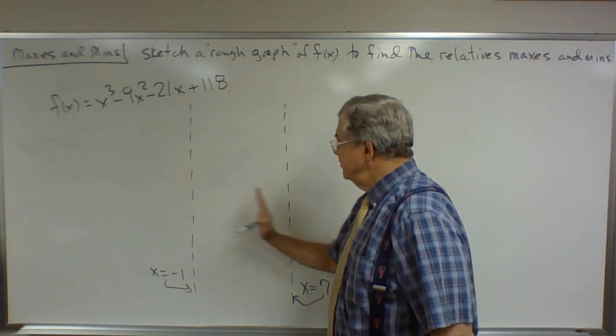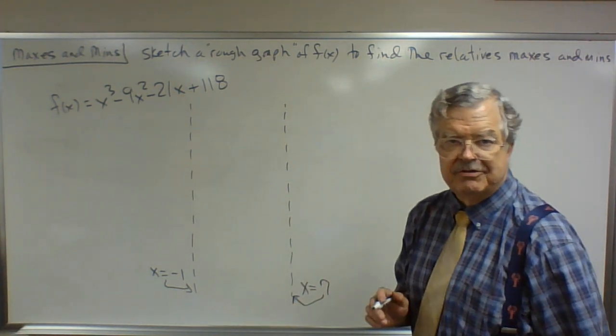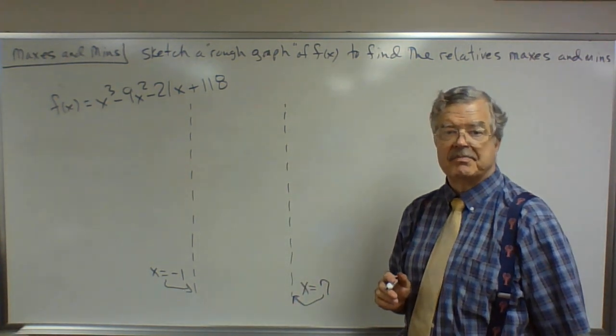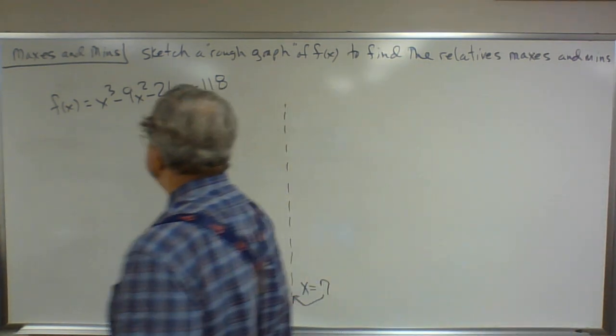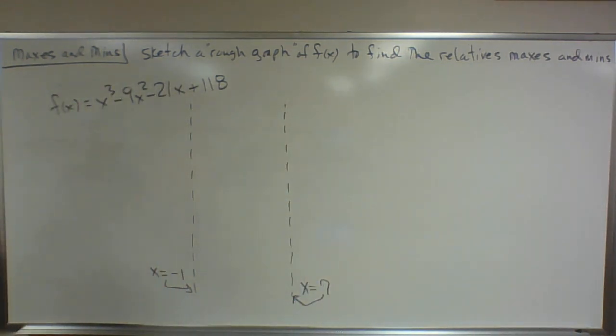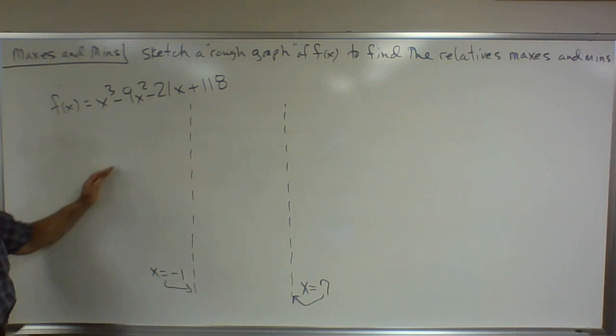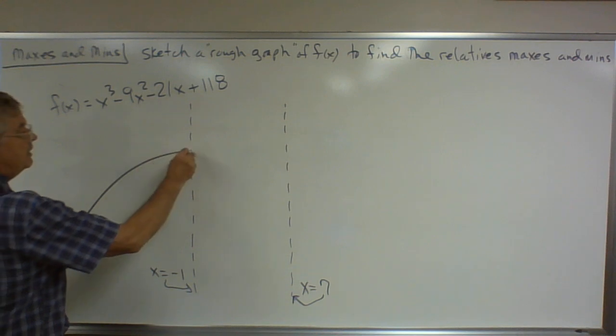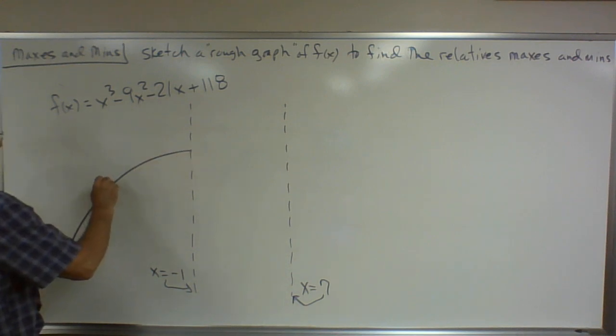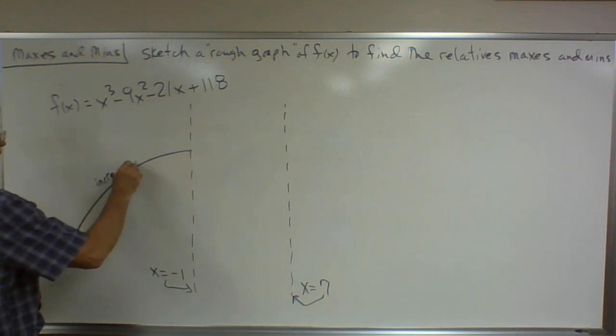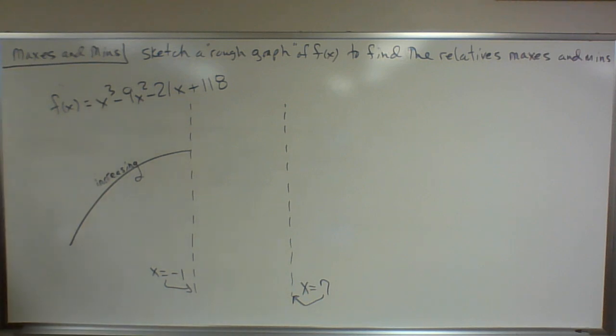And we use these two vertical lines to partition the xy plane. To the left of x equal negative 1, what is the function doing? Wasn't it increasing? And an increasing function goes uphill from left to right. So here's f of x increasing. Okay.